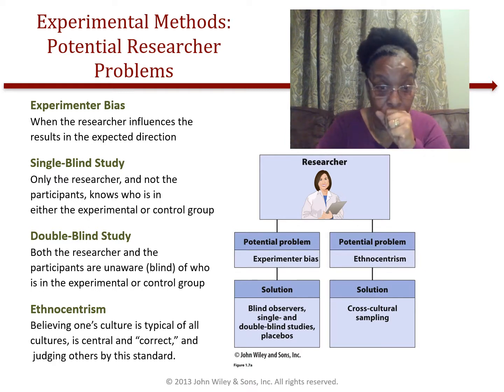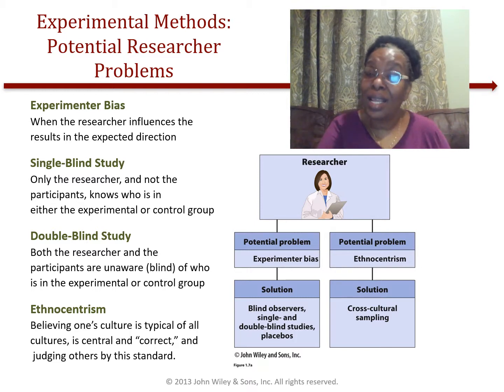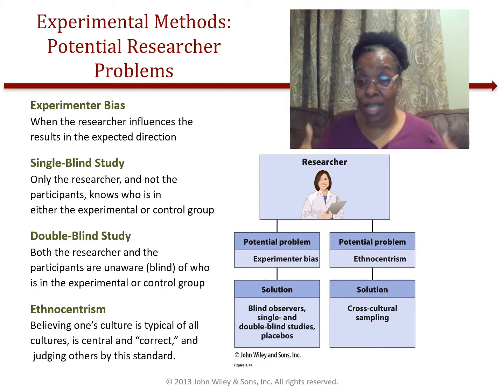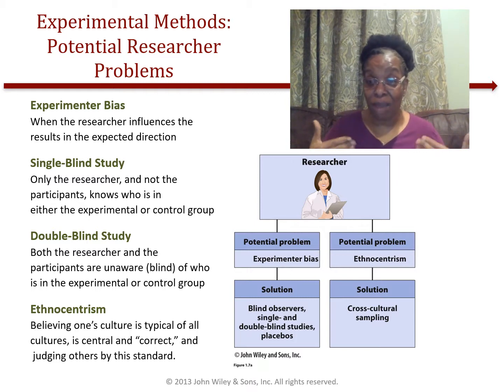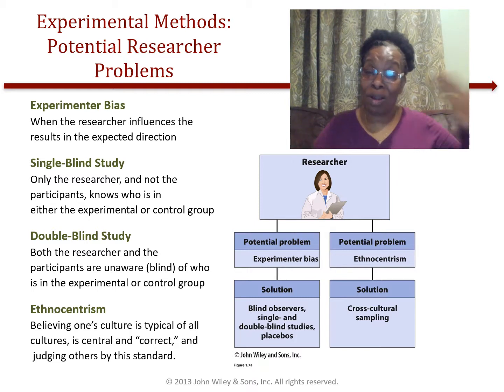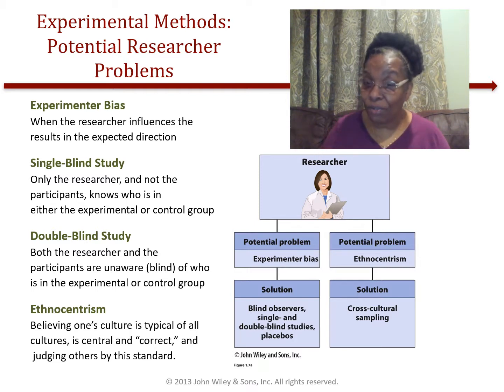That would be one way to help solve the problem. But it can be an issue if, for example, I'm doing a study and I believe, because I'm African American, that we are above everybody else, then it would skew my thought process on how I would design a project in the first place.